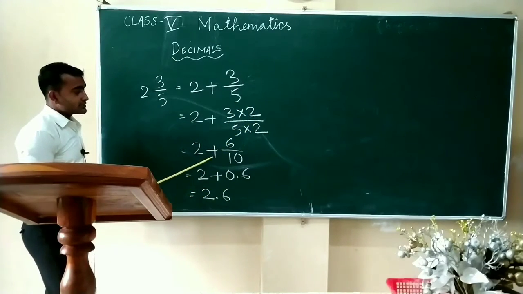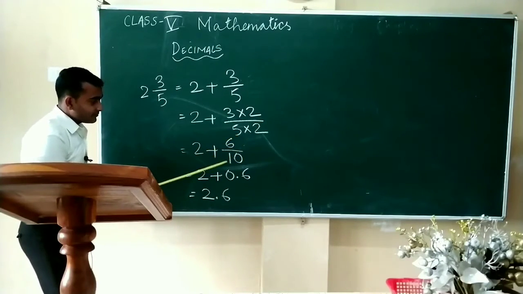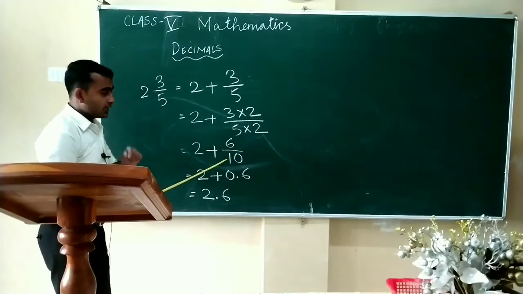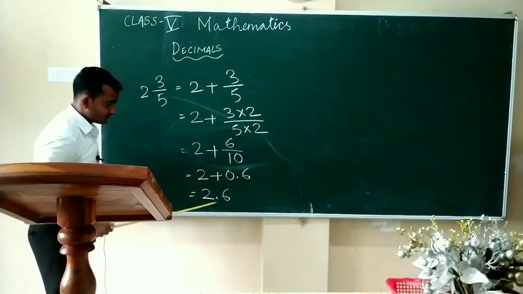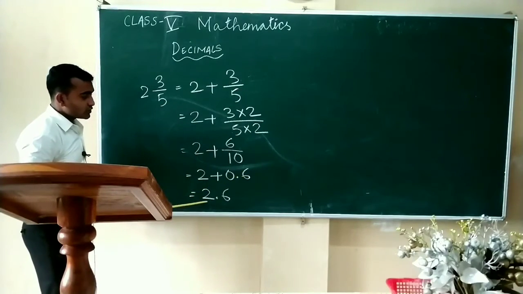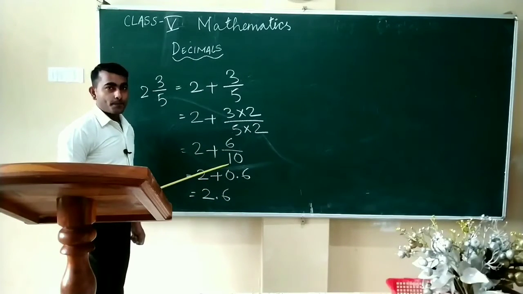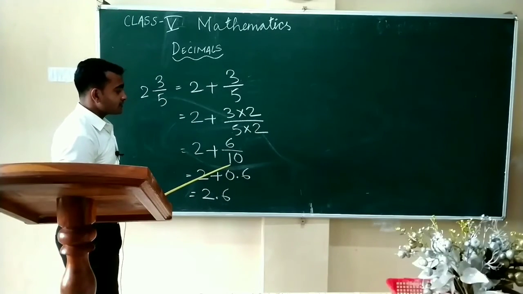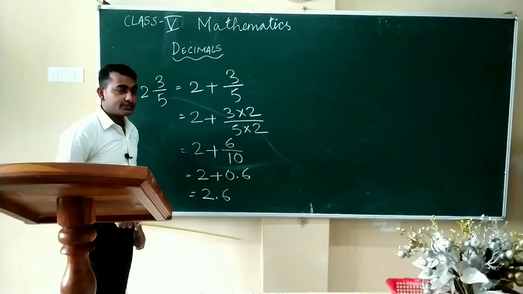Now 2 plus 6 by 10. This can be written in decimal form as 0.6. So 2 plus 0.6 equals 2.6. As in the denominator you can see, after 1, how many zeros?